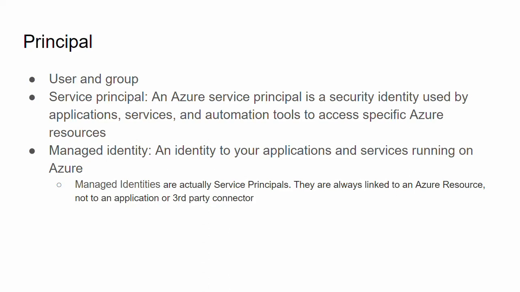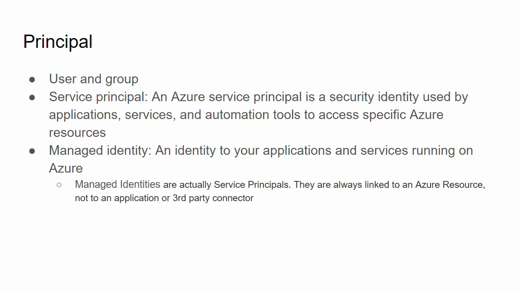And you can also, inside Azure, create a virtual machine running some Python code. This time, instead of assigning the client secret to the Python code, you will directly assign the managed identity to the virtual machine. So any application running on that virtual machine will have the privilege to access the storage account.